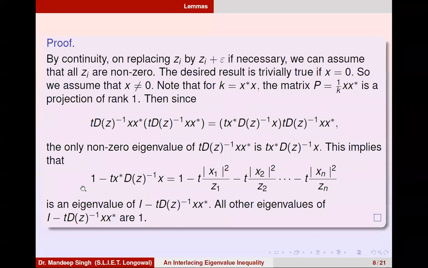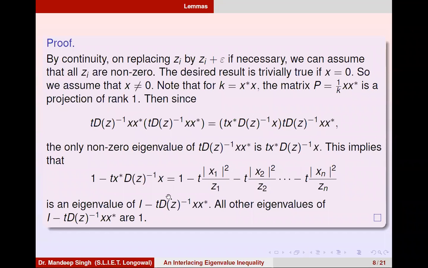If I subtract identity from this, what can you say about the eigenvalues? The eigenvalues of M are lambda; what are the eigenvalues of I minus M? 1 minus lambda. Yes, that is what I'm asking. So I minus this M is exactly a matrix of this kind.